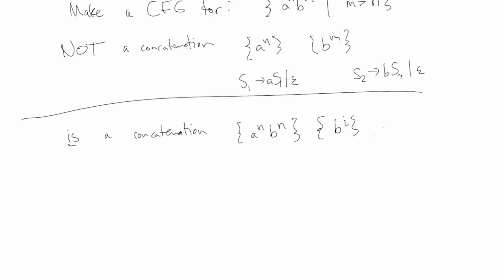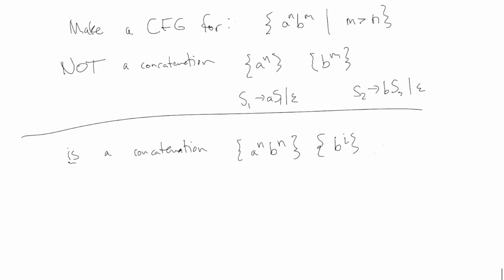That's how I'm trying to think of this. In the original language, there are more b's than a's. I'm breaking this up in this somewhat cute way where this first part has exactly the same amount, and then there's just some extra b's over here. And each of those I can make a grammar for. The first one is S1 goes to A S1 B, or epsilon.